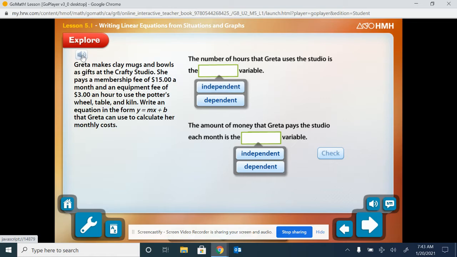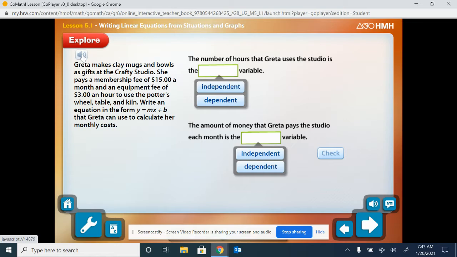Okay, so it is confusing when you start reading this problem. For example, it says a membership fee of $15 a month. It also sounds like a rate. And then it says an equipment fee of $3 per hour, another rate. But it says Greta can use it to calculate her monthly cost. So as soon as they say monthly cost, that means the membership fee is the initial value.